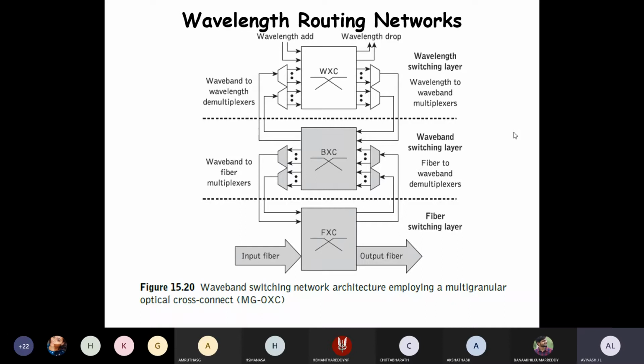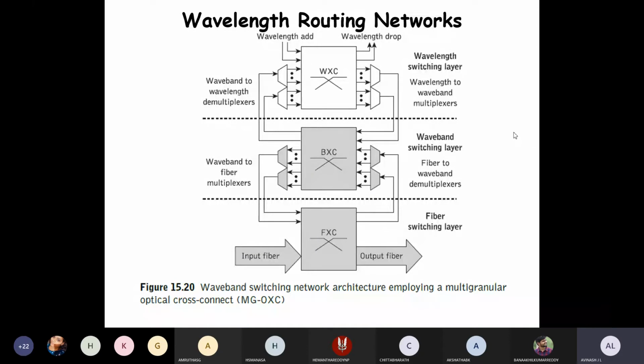Once that provision is there, there are wavelength band to wavelength demultiplexers, and the wavelength cross connect. Here WXC, BXC and FXC, those are the three different stages you can see.